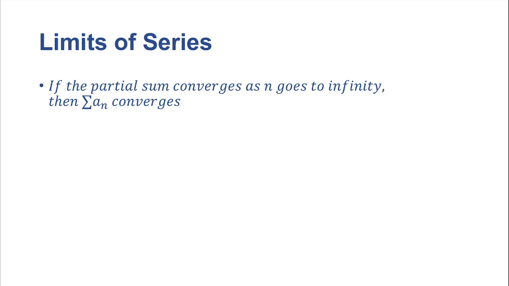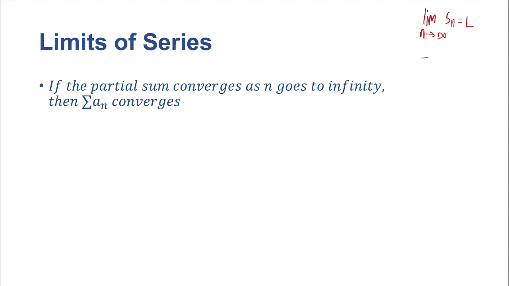Okay, so for the limit of a series, if the partial sums converge as n goes to infinity, then the series converges. So if the limit as n approaches infinity of s sub n is equal to some value L, then we have a converging series.